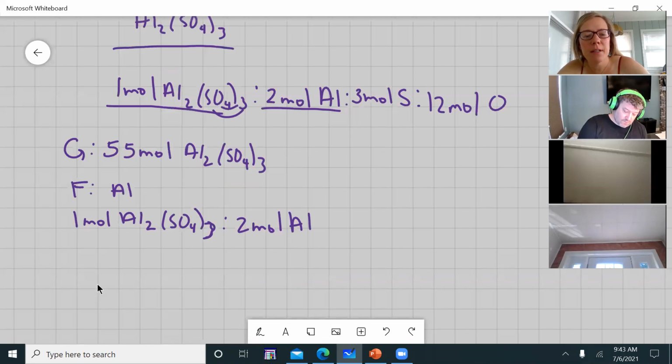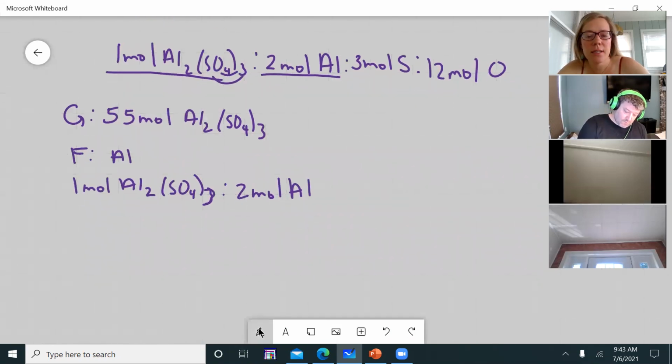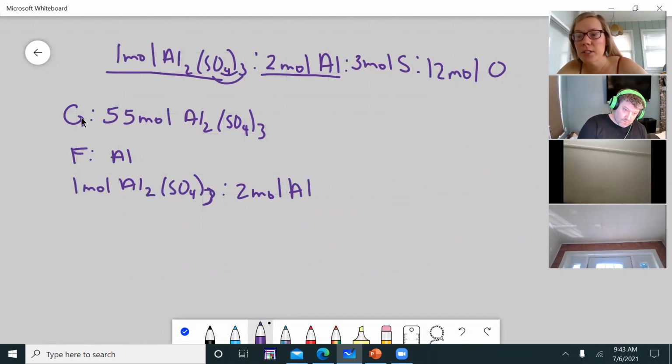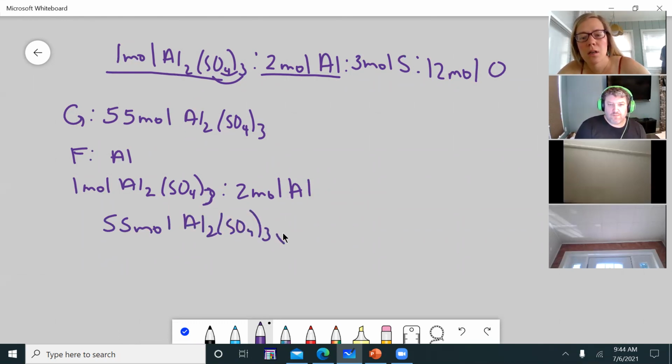So we're going to set this up in dimensional analysis, which tells us that anytime we do dimensional analysis, we start with our given information. In this case, it's 55 moles of the compound. And we're going to use the conversion factor. Now we want to get into moles of aluminum, so I'm going to put that on top.